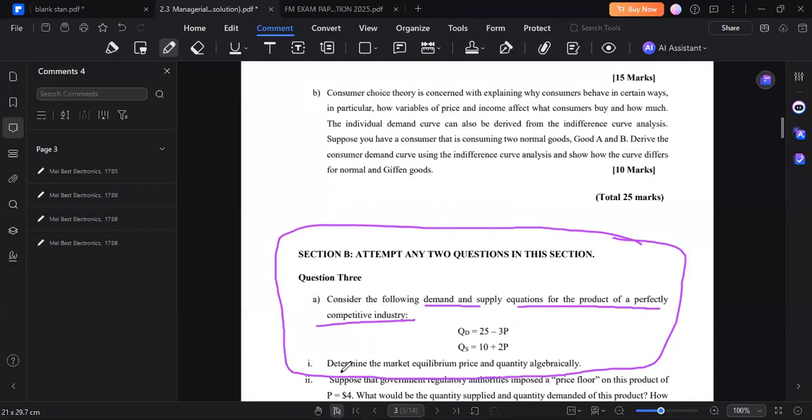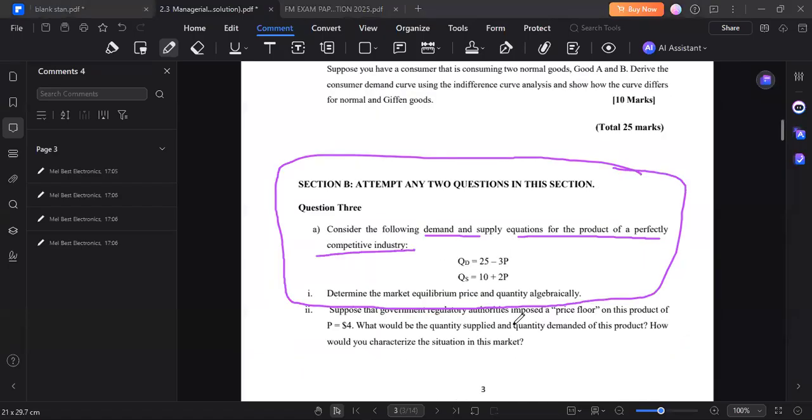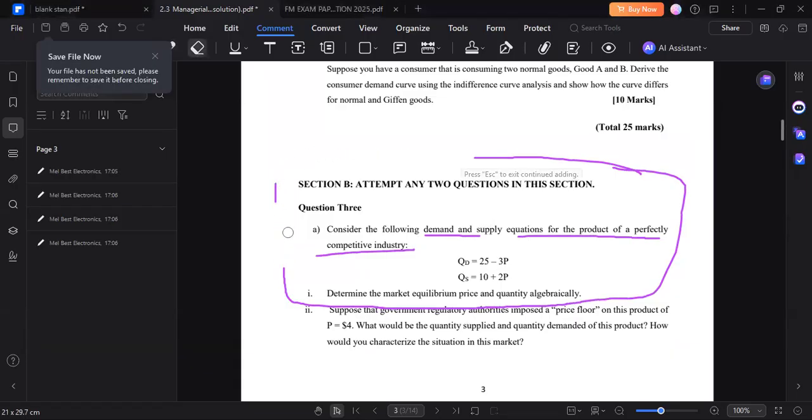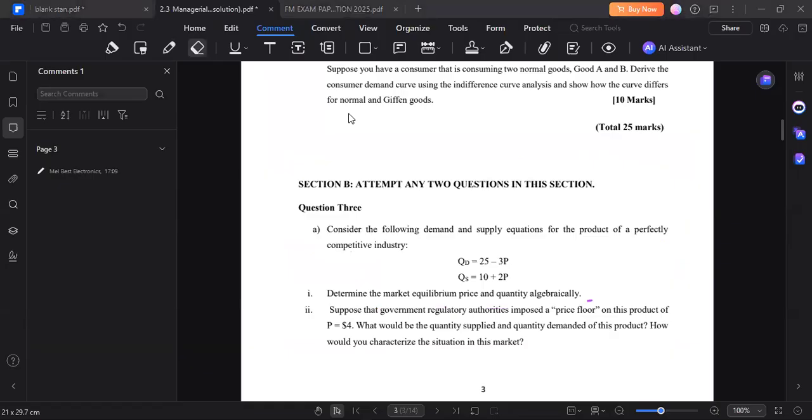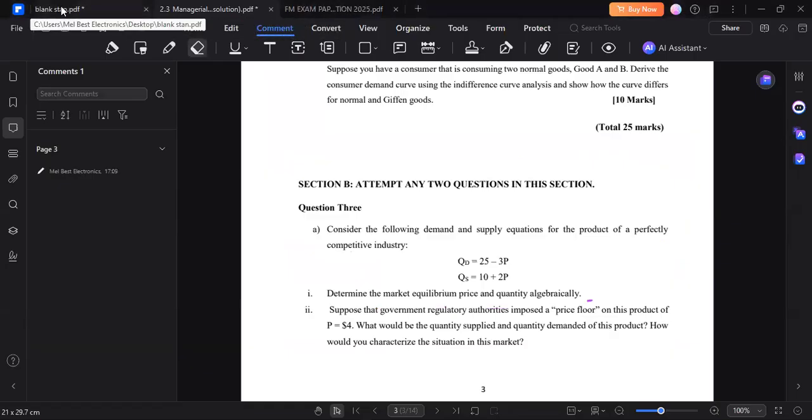Now, there was a second question before we got to other things. Suppose that the government... Mlenga. Hello? Yes. I'm asking if you can help me plot it, just to get familiar and have confidence with the graphs.